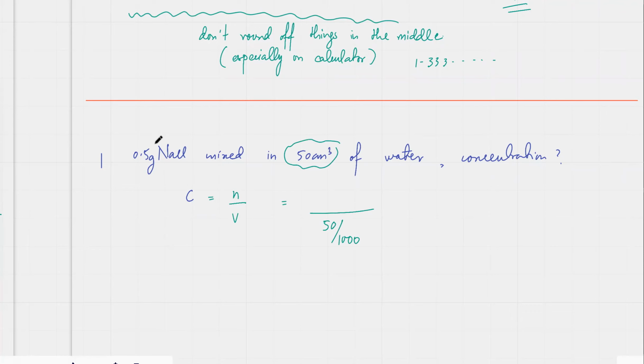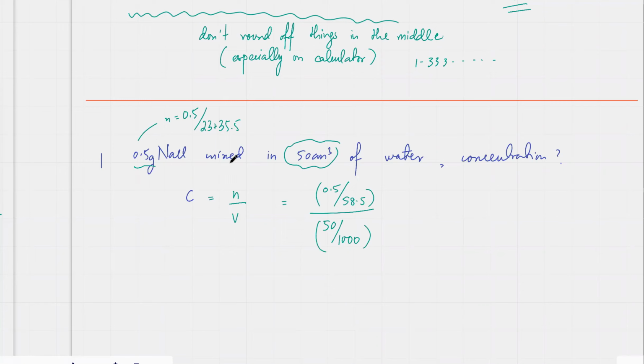What are the moles? Moles is mass divided by Mr. So it's going to be 0.5 divided by NaCl, which is 23 plus 35.5, so the Mr comes out to be 58.5.